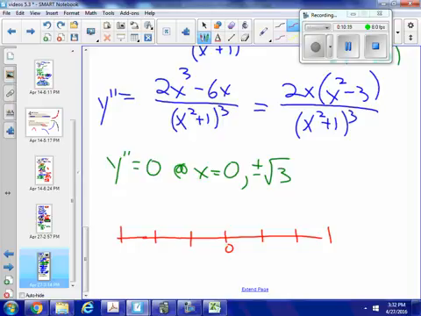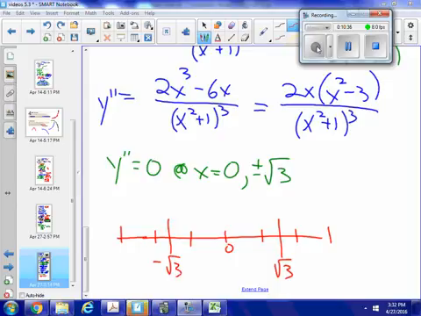I could plug it into my computer. But I know it's greater than 1, and I know that it's less than 2. So it's somewhere right in here. Here is radical 3. Here is negative radical 3. And then I have another interval right there possible at 0. And I need to test some numbers.